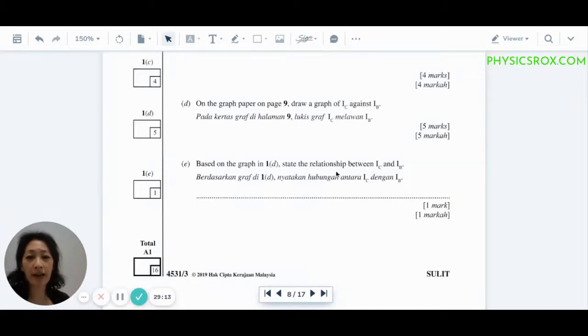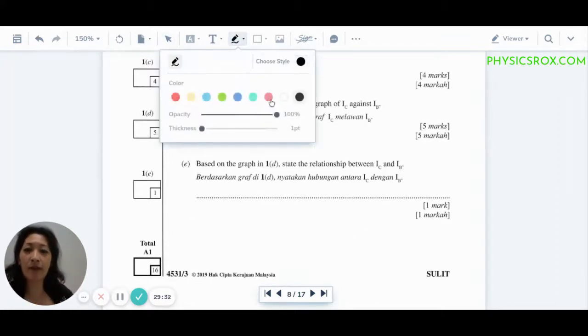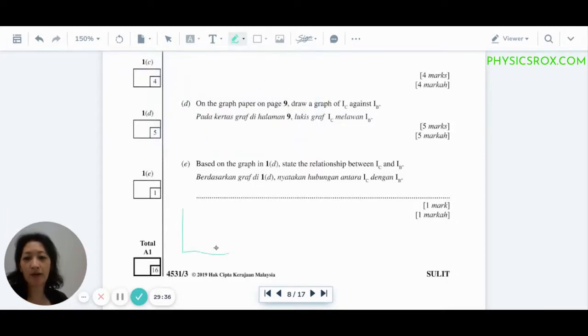Now, in physics SPM, you will almost always get a linear graph. It's not true for all experiments, but for physics SPM, it's almost always guaranteed to be a linear graph. So if you get a linear graph, let me sketch it in a different color so that we can see it more clearly. If you get a graph like this, it is a direct proportional relationship.